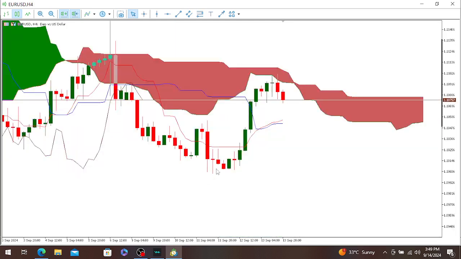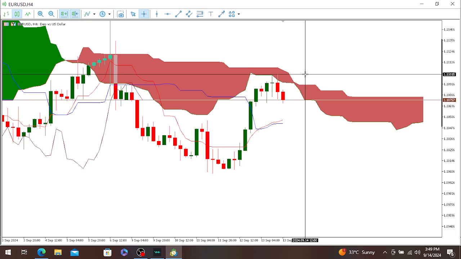All right, so like I said, I am bearish on the Euro USD because of the pullback. Now, on the 4-hour time frame, if price reverses and crosses this cloud, then we can say that the bearish bias is invalidated.